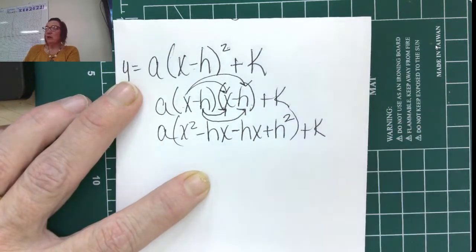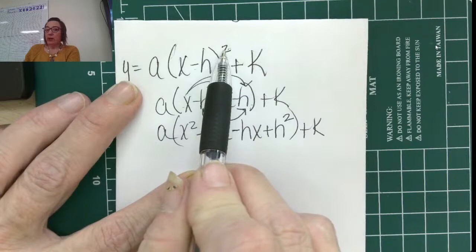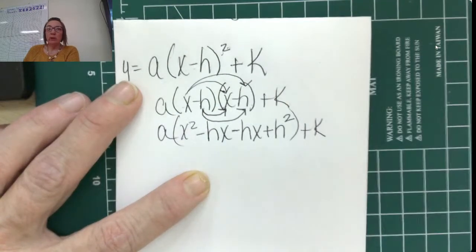Are y'all with me so far? Okay. We just squared it. That's all we did. We multiplied that times itself. We actually squared it, and I did it the long way instead of the short way.